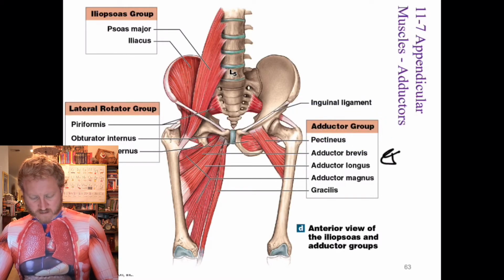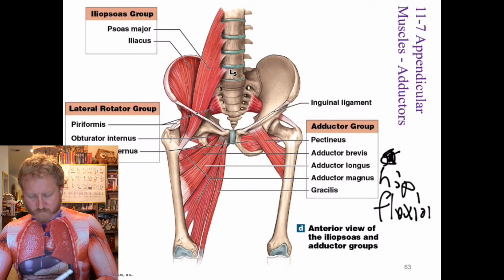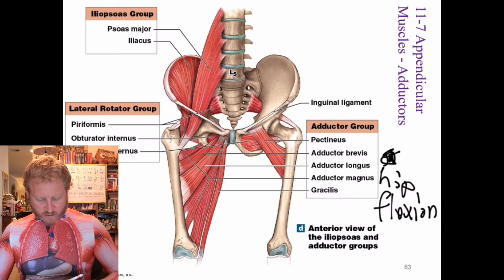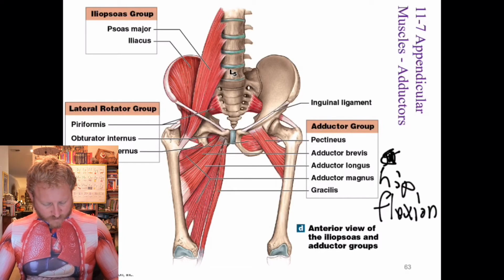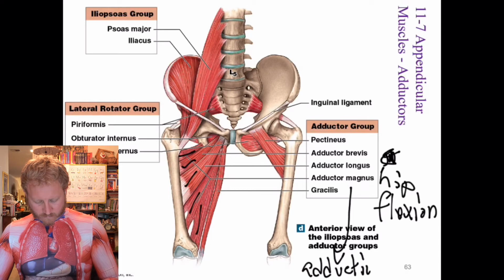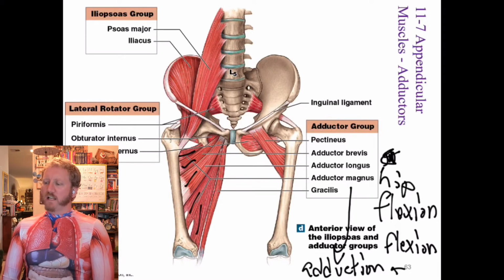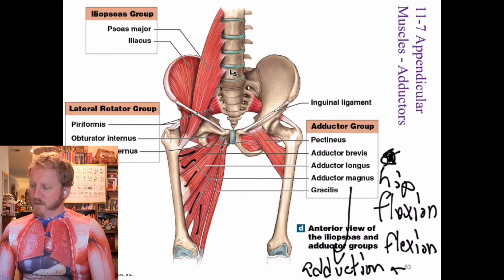All of these do hip flexion. And the adductor magnus, which is this bigger muscle, all of this right here, is responsible for adduction and flexion, and also medial or lateral rotation at the hip.